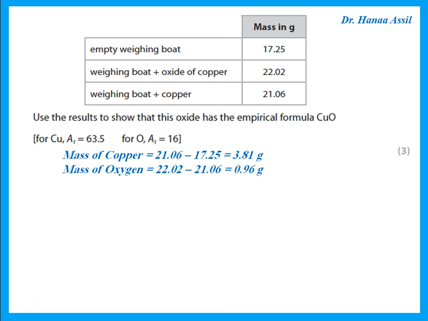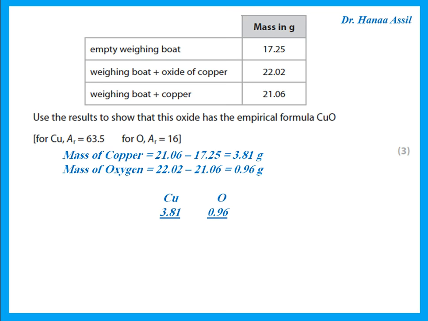So the mass of copper is the boat plus copper minus the boat alone. Mass of oxygen, how do we get it? Well, we have the mass of boat and oxide of copper and boat plus copper alone. So if I subtract these two, then I will get the mass of oxygen.